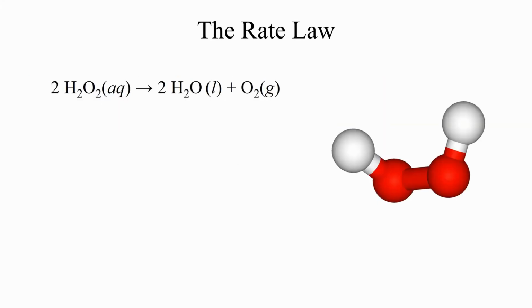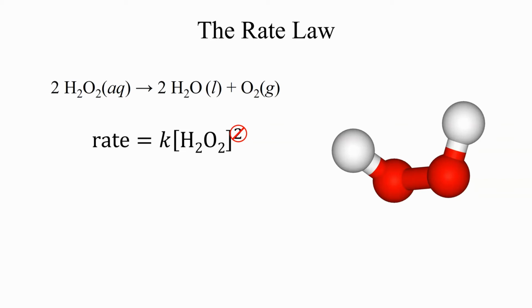Now if we take a generic reaction, or actually let's take this reaction, the decomposition of hydrogen peroxide, we might be tempted to write the rate law as: the rate of the reaction is equal to the rate constant times the concentration of hydrogen peroxide, the only reactant, raised to the power of 2. But this is categorically wrong.